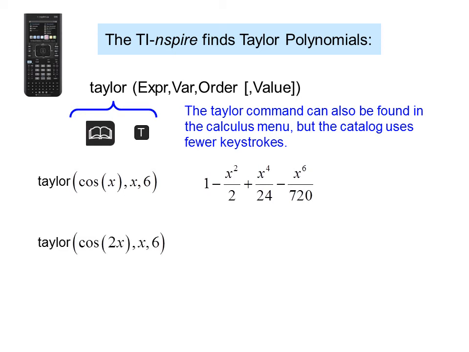To find the Taylor polynomial for cosine 2x with independent variable x and order 6, we get 1 minus 2x squared plus 2x to the fourth over 3 minus 4x to the sixth over 45.